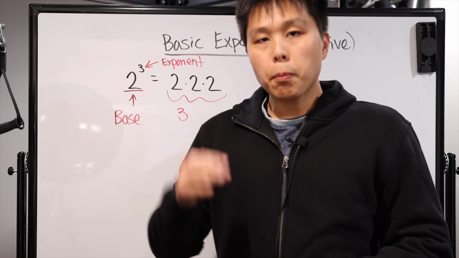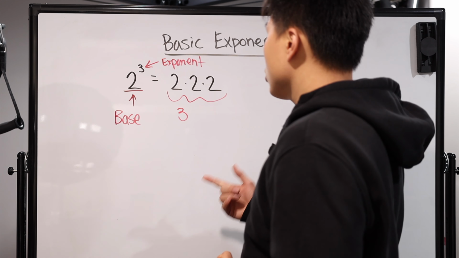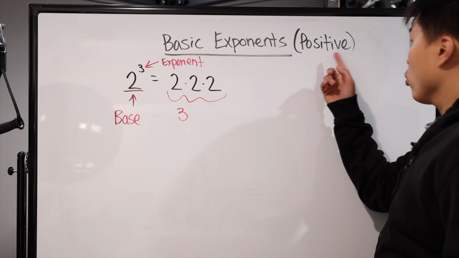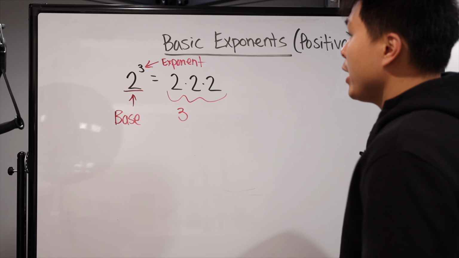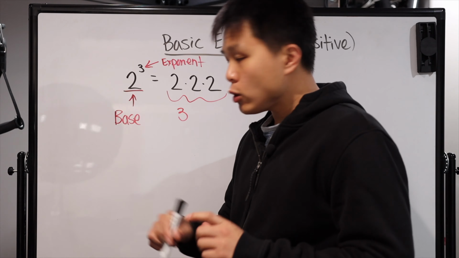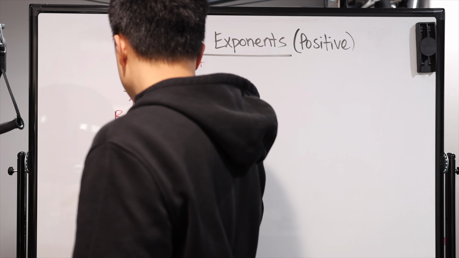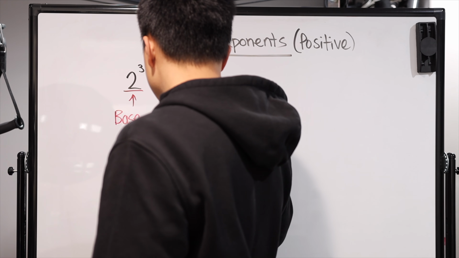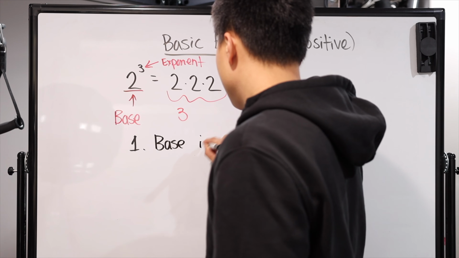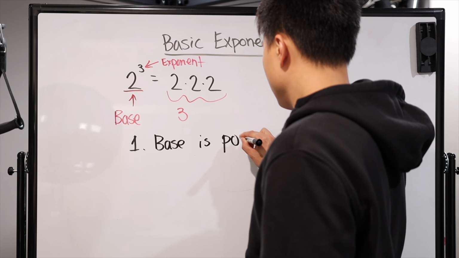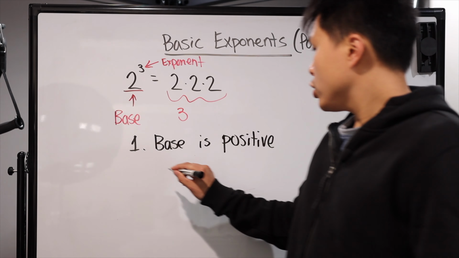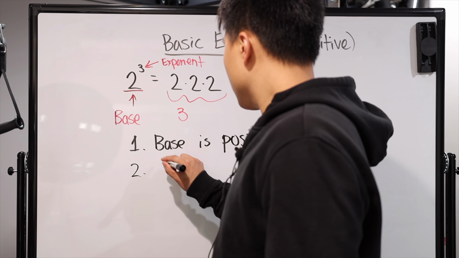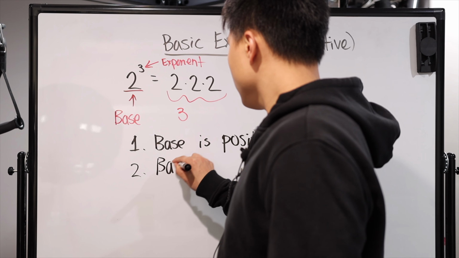There are 3 possible cases that you will encounter when working with exponents, and we're only talking about positive exponents. Negative exponents are a whole different matter. So, case 1 is when the base itself is positive. Case 2, the base itself is negative.